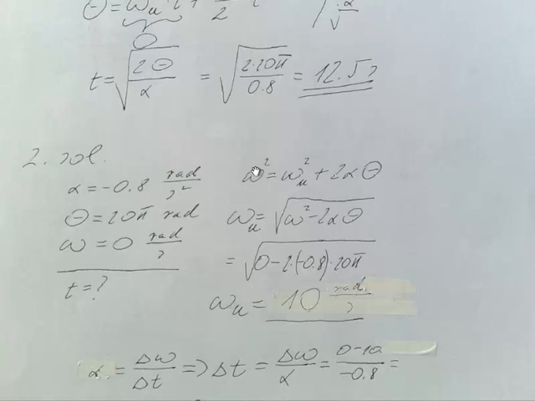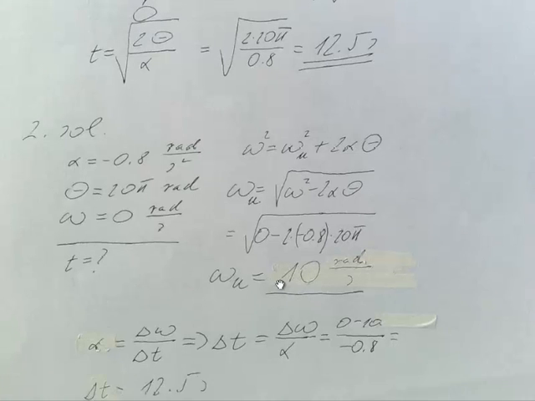First we use this formula and calculate initial angular speed, minus this and square root, so it's 10 radians per second.